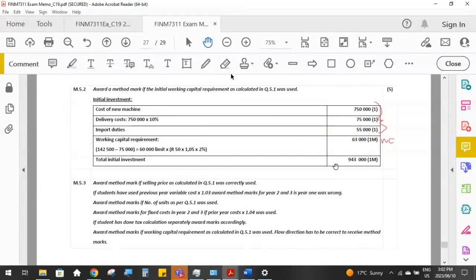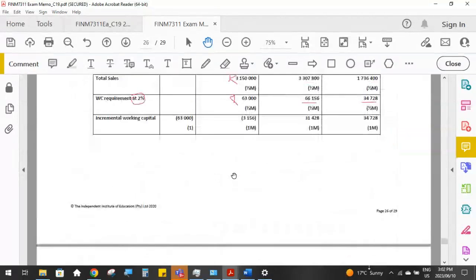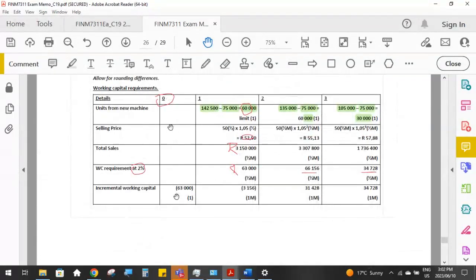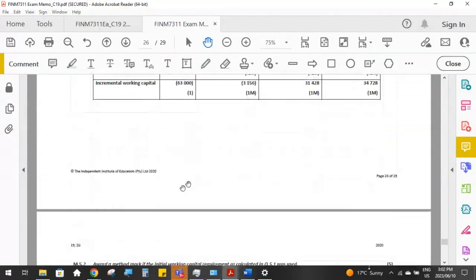So in total, we have to invest 943,000 total initial investment. And these working capital requirements have come from here. Remember, they said initial. So initially, at time 0, what is our investment? 63,000.